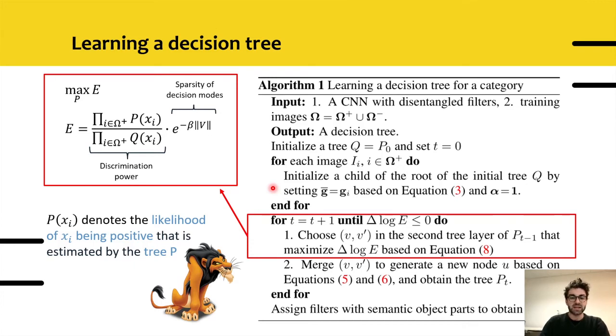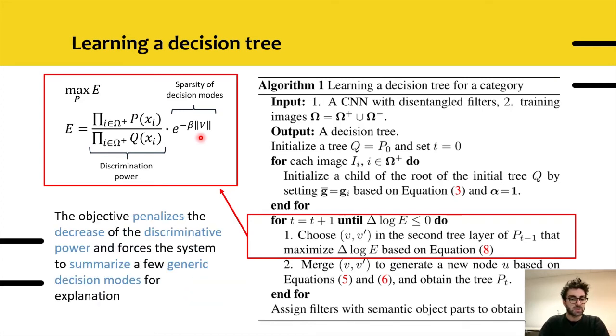E is defined by this equation here, and at the numerator P of xi denotes the likelihood of xi being positive with the estimation using the tree P. At the denominator we have the same amount, but the likelihood is computed using the tree Q, the initial tree, and this represents the discrimination power. This other term is just the sparsity of the decision mode. It is not so useful and important.